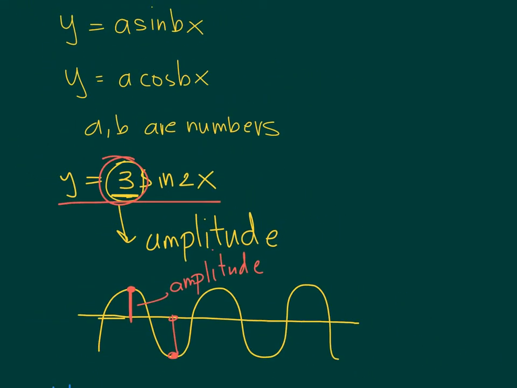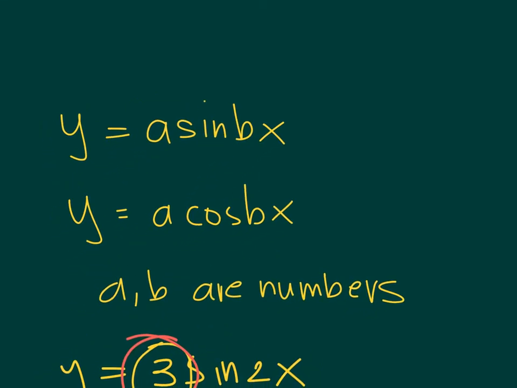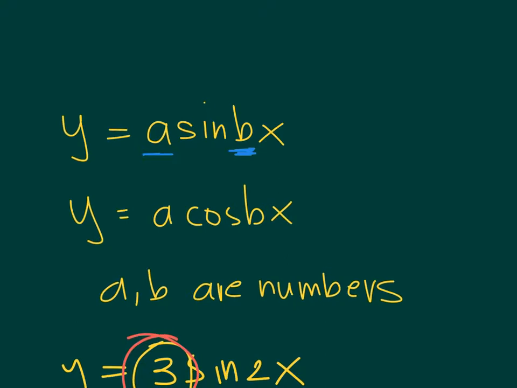Okay, what about the b? If you look at the function a sine bx, there is this number b here. If a tells something about the amplitude, the b tells the period, and there is a specific formula for the period: 360 divided by b. Very good. So period is 360 divided by b.